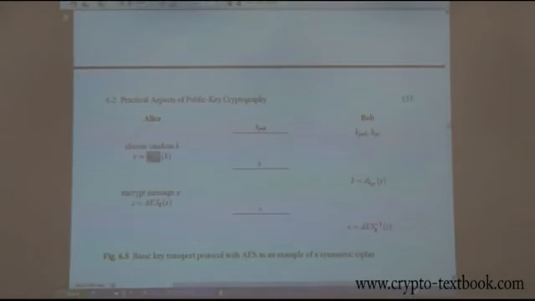You send the encrypted key over, and Bob is the only one who can decrypt, right? That's the idea of public key cryptography. And he recovers K.